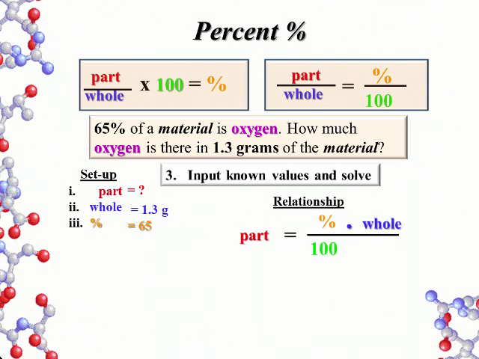The final step is to input known variables. The whole is 1.3 grams. The percent is 65. Taking out our calculator and properly inputting the values gives us a part of 0.845 grams. So 65% of 1.3 grams is 0.845 grams.